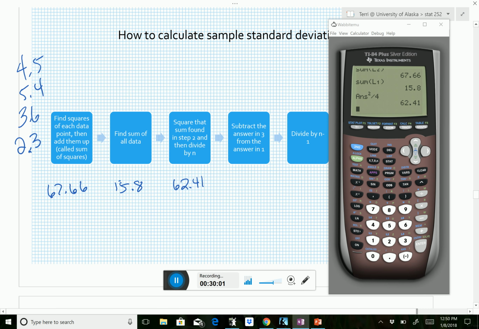Subtract the answer in 3 from the answer in 1. So we have 67.66 minus 62.41, which is 5.25. Divide this by n minus 1, divided by 3, 1.75.